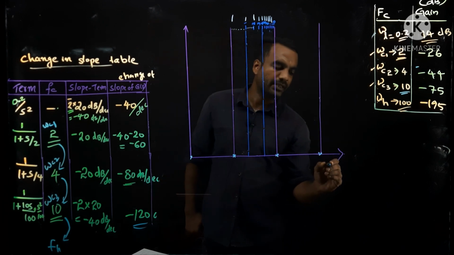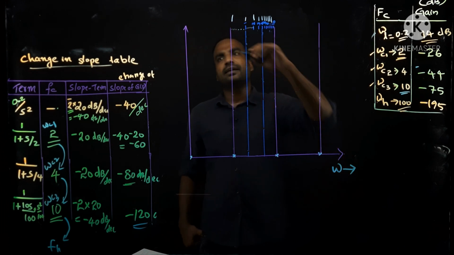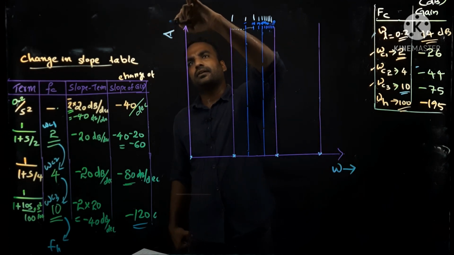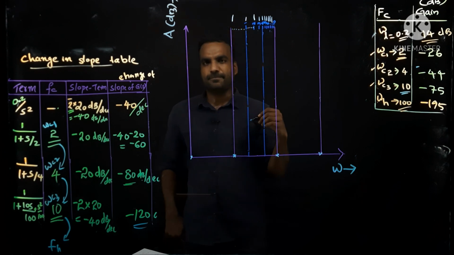And we are presenting frequency or omega on the x-axis and gain in dB on the y-axis.